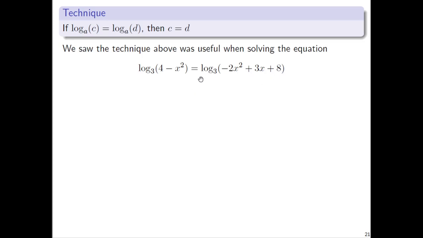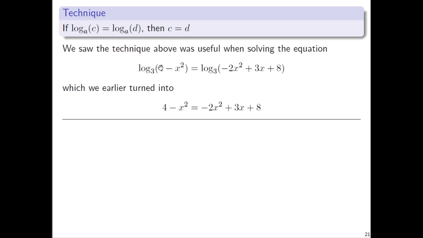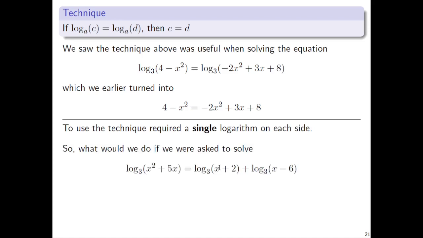In fact, we solved this equation earlier. We turned that into just set the inputs equal, without the logs. Right? Set the inputs equal. So 4 minus x squared is equal to negative 2x squared plus 3x plus 8. This is a technique that's useful when you have a single log on each side of the same base. To use the technique, we needed a single log on each side.